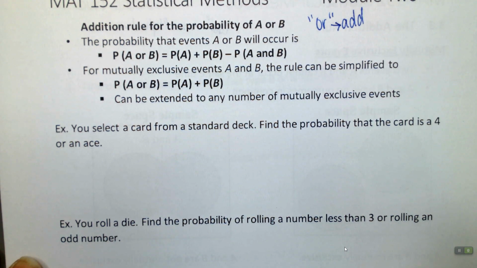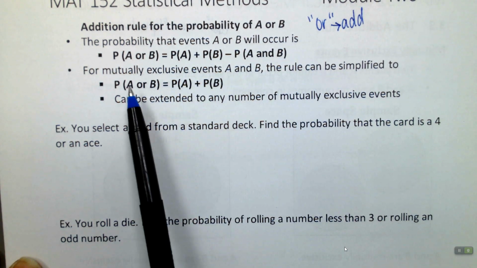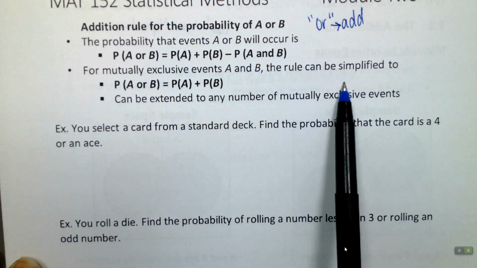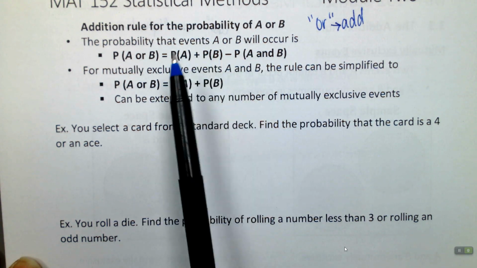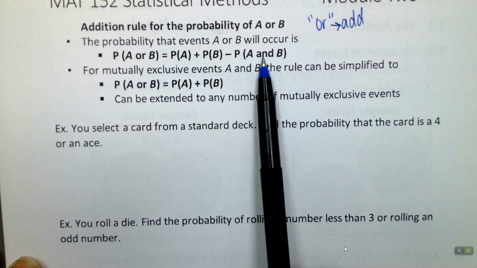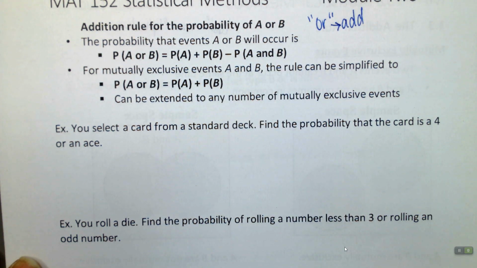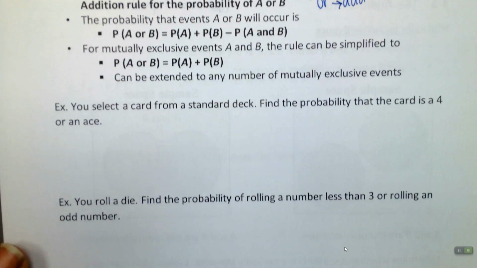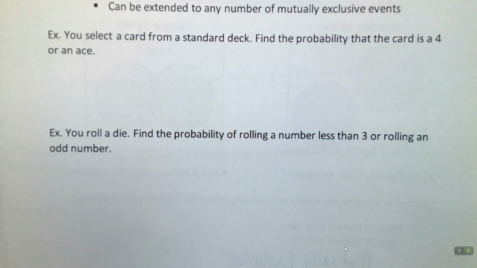But when it's not mutually exclusive, we're going to add, but we have to take out the part that intersects, the part that overlaps. Okay, let's look at what that's going to look like mathematically.